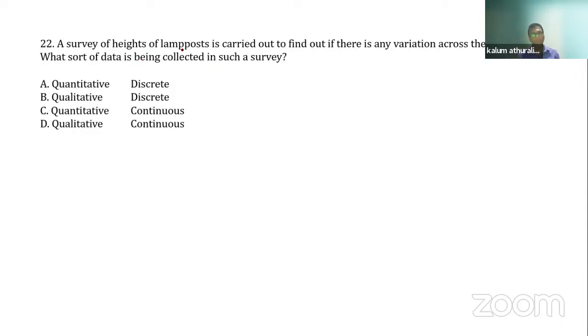There are two types of data, discrete and continuous. Discrete means if you take the values by counting something, it is called discrete. If you find the values by measuring, it is called continuous.